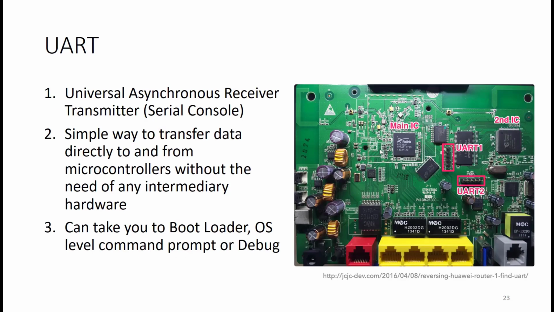So let us talk about the first hardware communication protocol, that is UART. UART is very common in most devices because it is the easiest interaction between two components of the board. It is basically a serial connection between two components, which is asynchronous communication where you do not need any component to be a master or a slave.